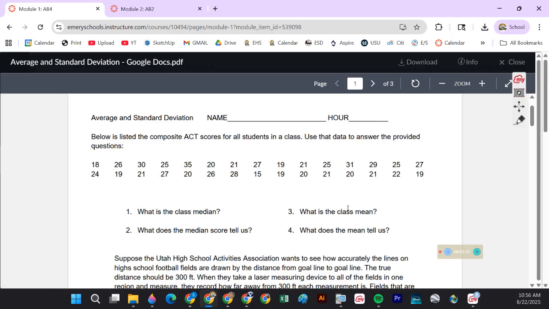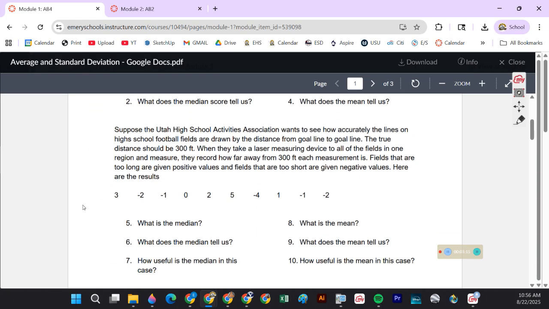Now, a lot of times we reduce an entire data set down to the average. And they said, well, how did kids do on the test? Well, the average was 23.3. Does that give a very good picture of what actually happened? No, it's not. But that's what we do. Did anybody score 23.3? No, that's not a possible ACT score. Okay. All right, next problem.